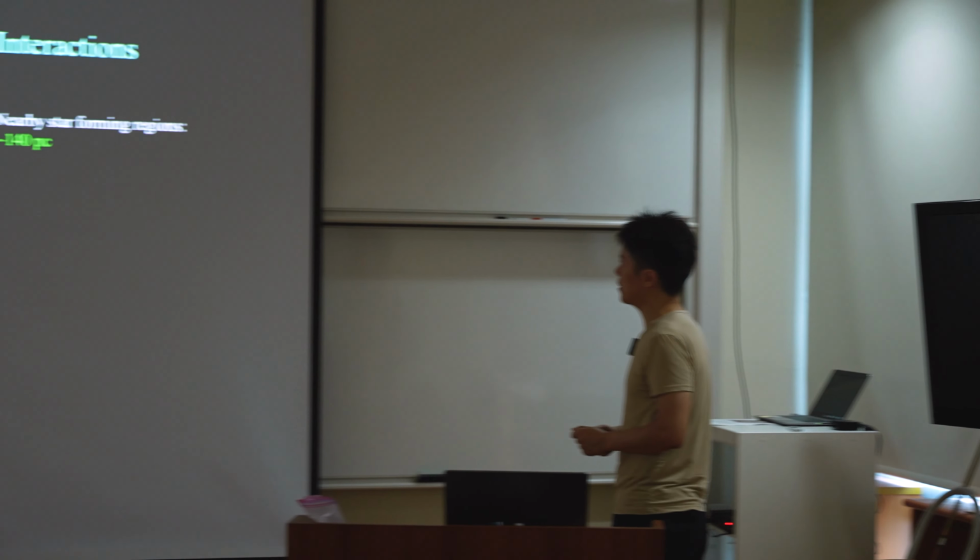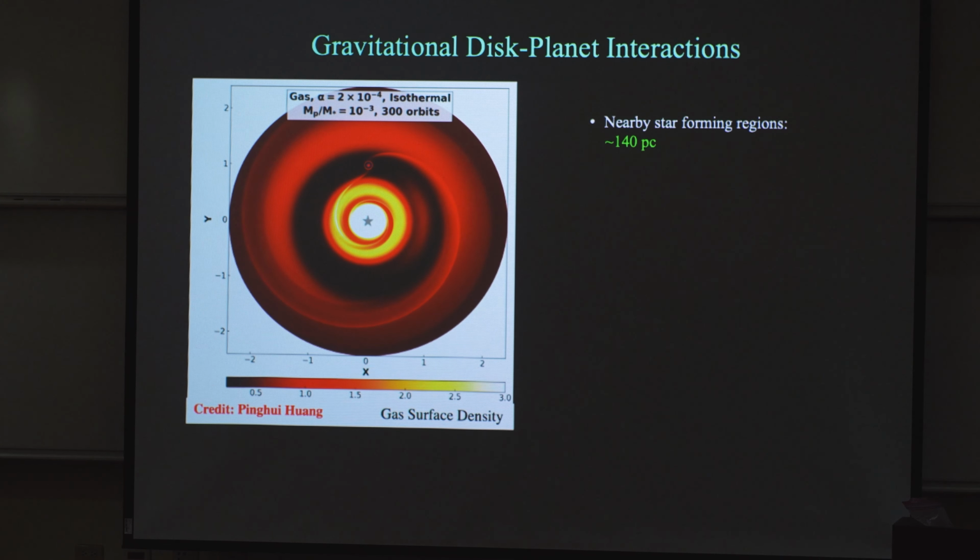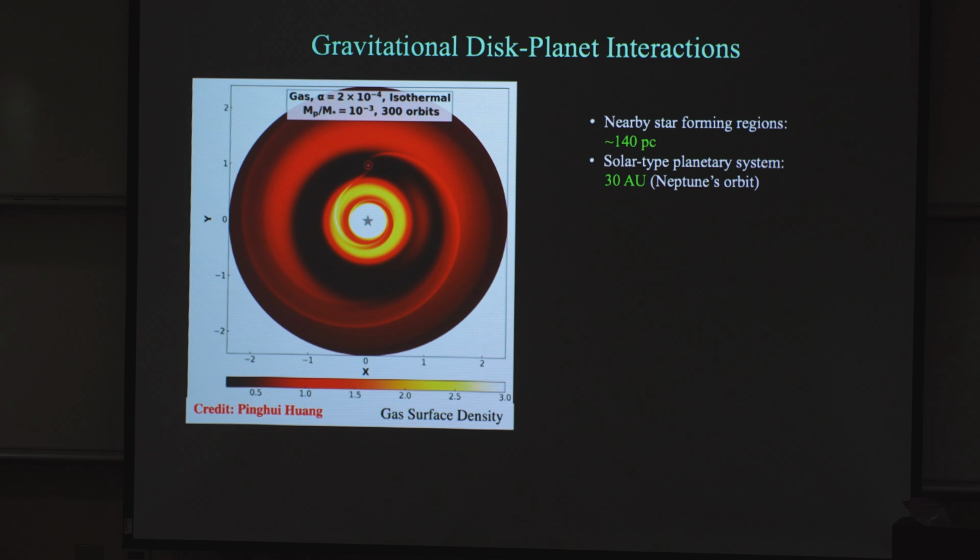So we know protoplanetary disks are located in star-forming regions, and the nearby ones are at a distance of about 140 parsec away from us. The location of planet formation, we don't exactly know where planets form, but let's use the solar system as a reference. The outermost planet in the solar system, Neptune, is at 30 AU from the star. So let's just say 30 AU is a characteristic scale of planet formation.